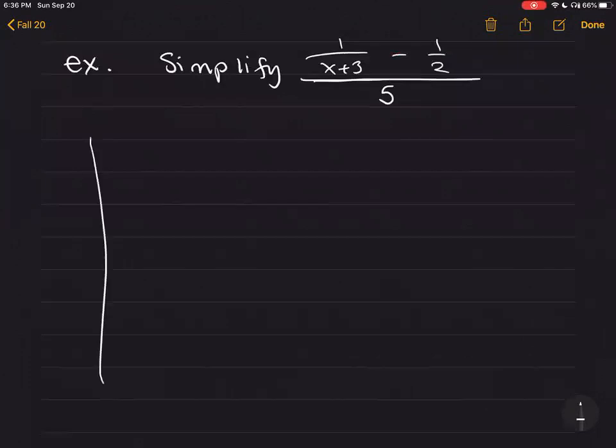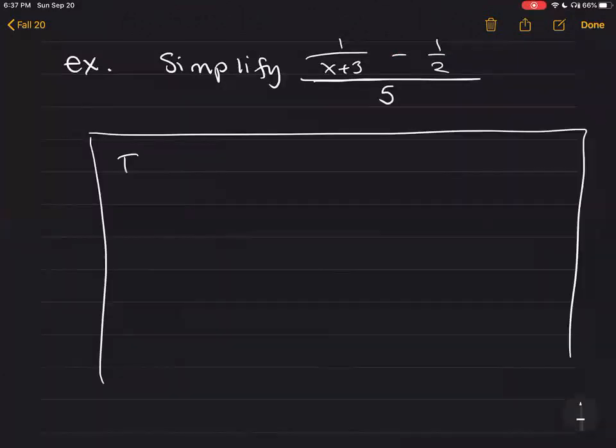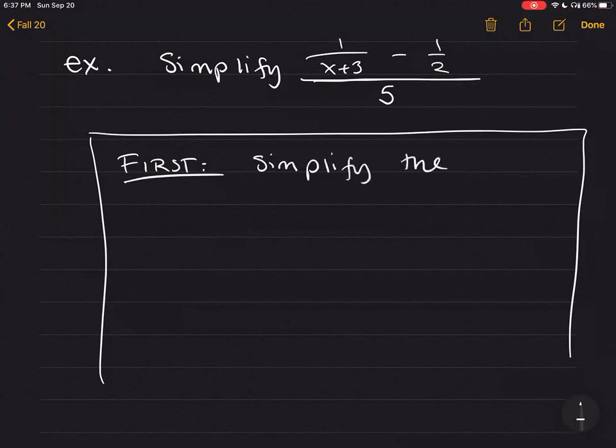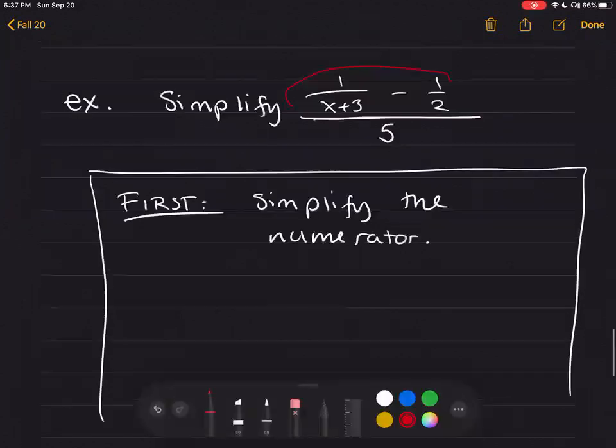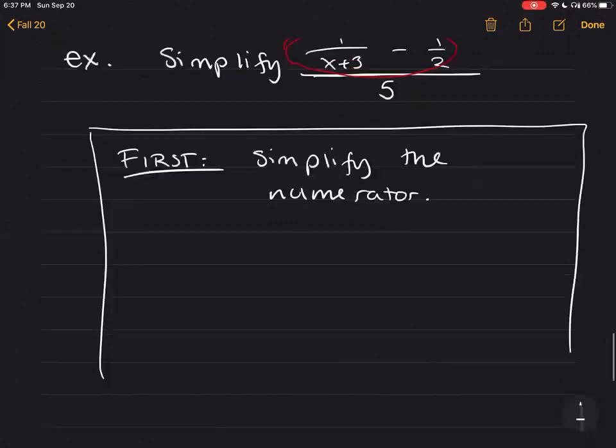So in this box here, first, what we're going to do is simplify the numerator. So we're going to simplify this top part right up here. Okay? So this top part is 1 over x plus 3 minus 1/2.